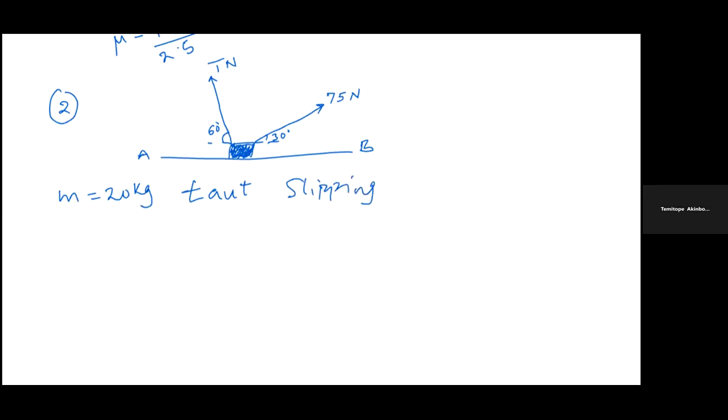The frictional force on the block has magnitude 25 Newton and acts towards A. Find the coefficient of friction between the block and the surface. So let me allow you to do that.